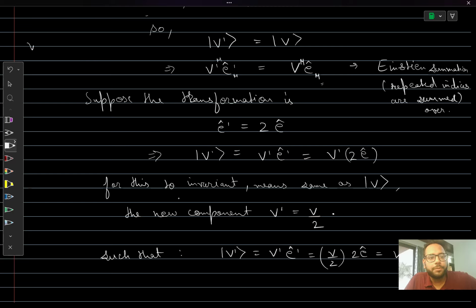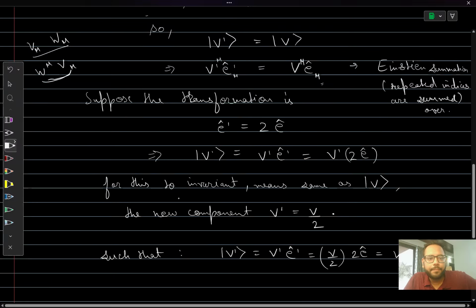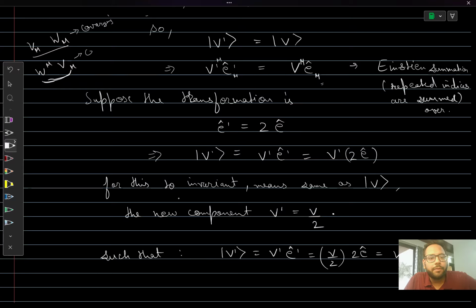So suppose this is my component, I vary, and this is my another component. Okay, so they are co-varying. But if I have this upper notation and this lower notation, means they are contravarying. So this means co-varying. Okay, this is contravarying, they are varying oppositely.